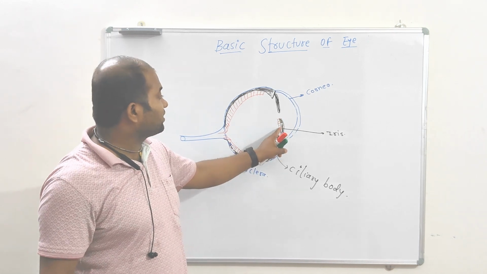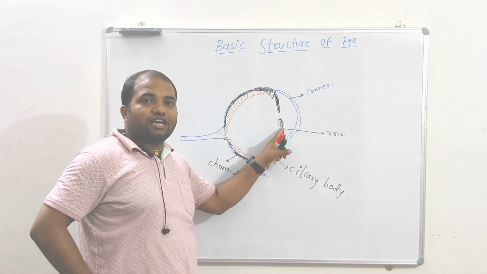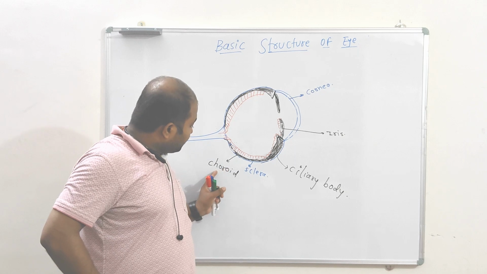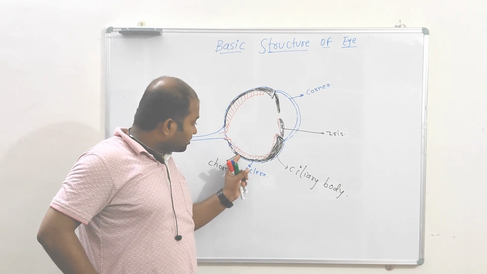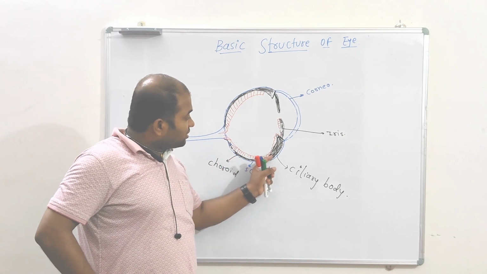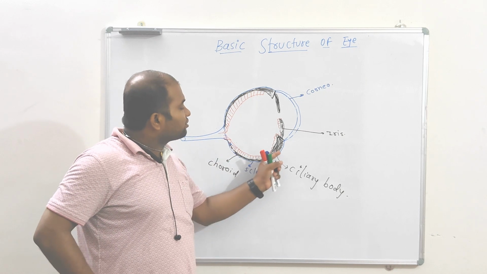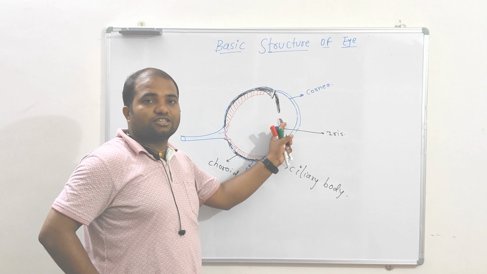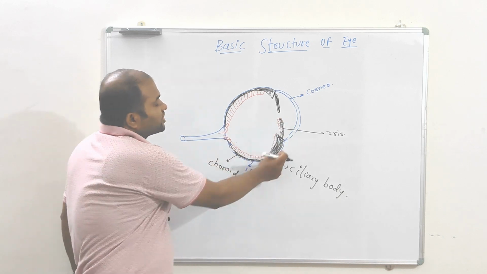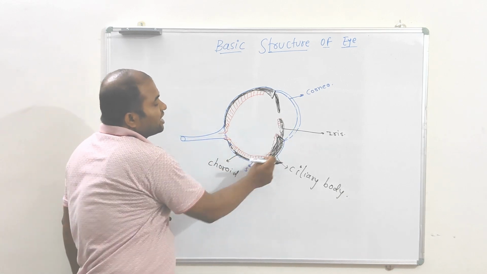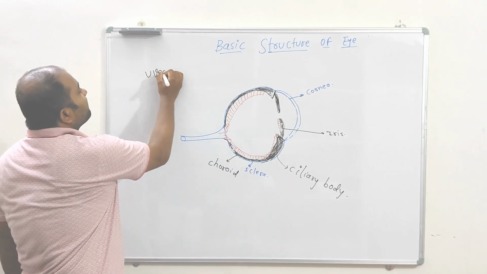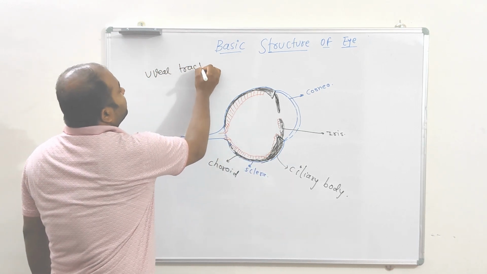That means an infection which attacks the iris can move to the ciliary body and choroid easily, or an infection which infects the choroid can move anteriorly through the ciliary body up to the iris. So it becomes like a tract. So this name is given as uveal tract. I will write it here: uveal tract.